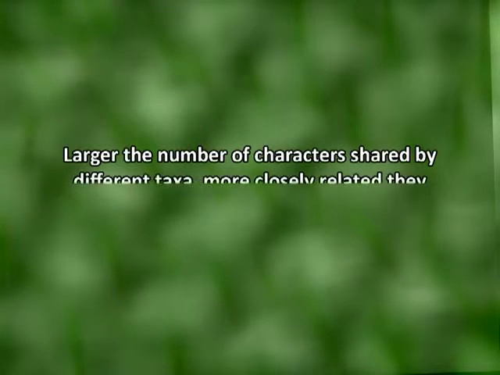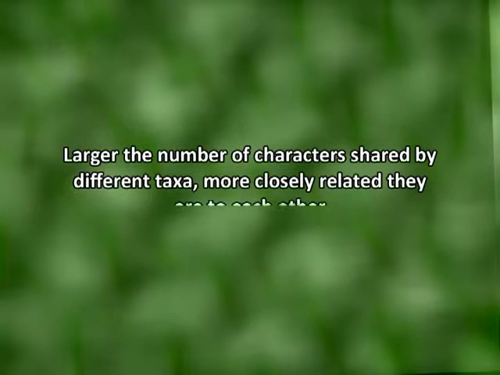Thus, closely related plants should naturally be grouped together. This is called natural classification. The larger the number of characters shared by different taxa, the more closely related they are to each other. This is the basis of modern classification.